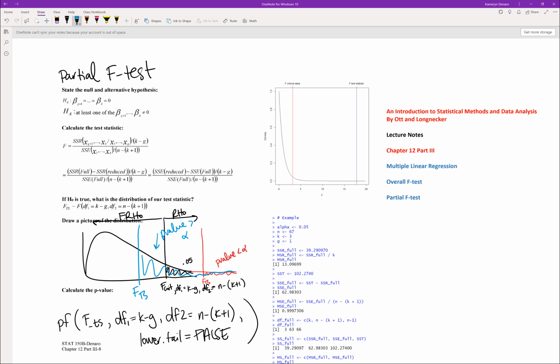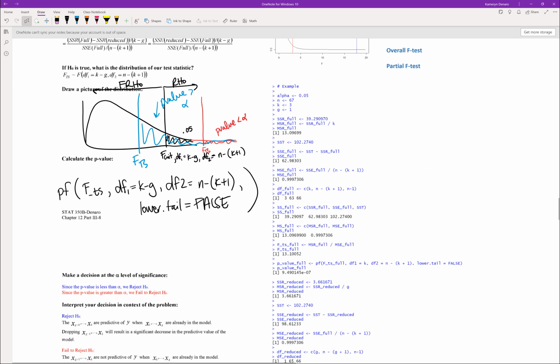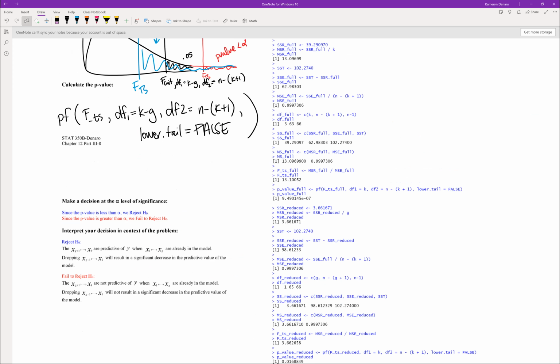Okay, we'll go through the code in a moment, but essentially we're either going to say, since the p-value is less than alpha, we reject H0, or we're going to say, since the p-value is greater than alpha, we fail to reject H0.